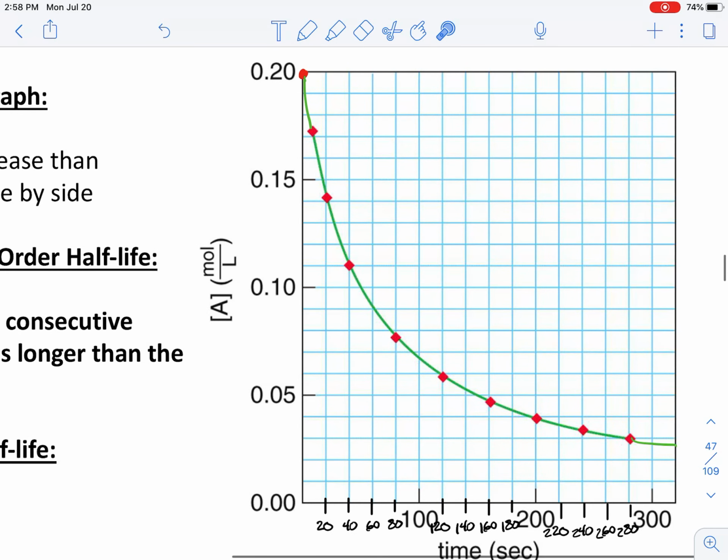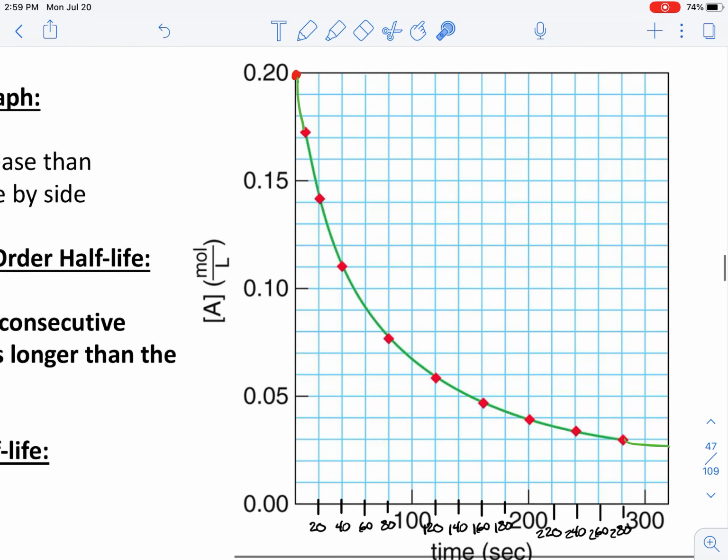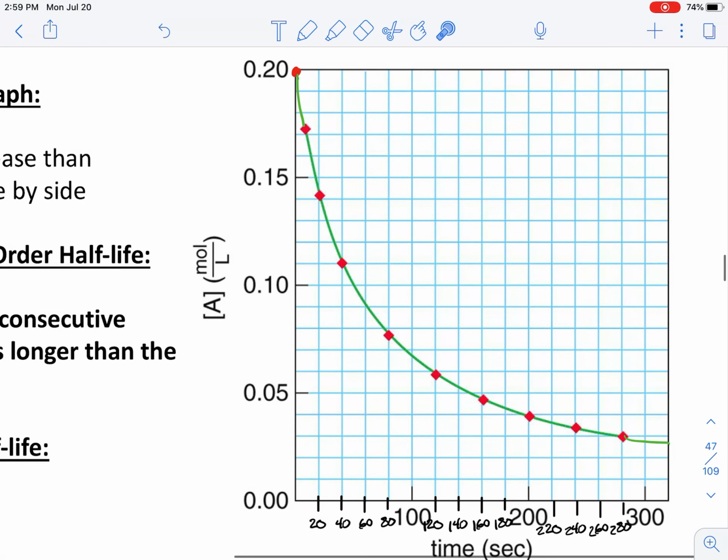And we can get a deeper understanding of second order kinetics if we shift our perspective and look at how the half-life changes. Remember that the half-life describes the amount of time it takes for the concentration to reach half of its original value.